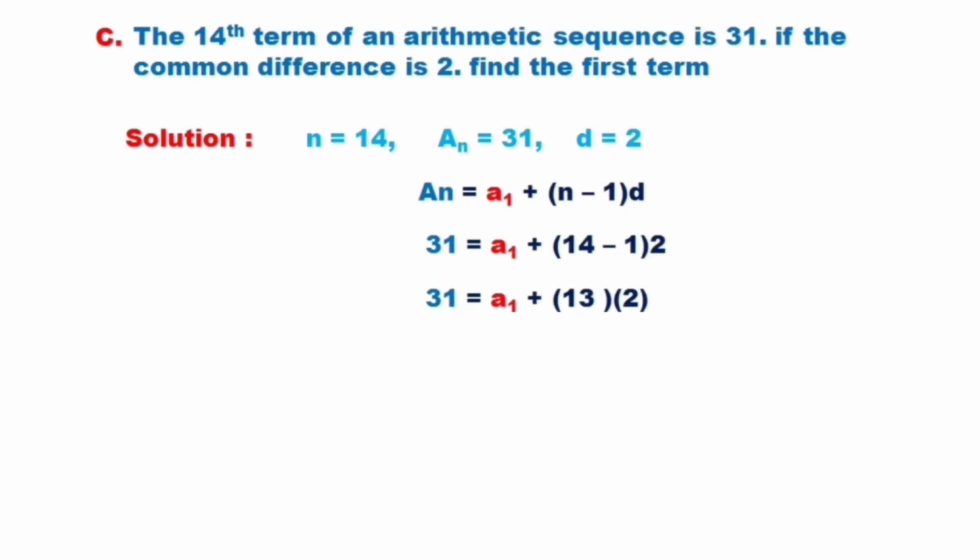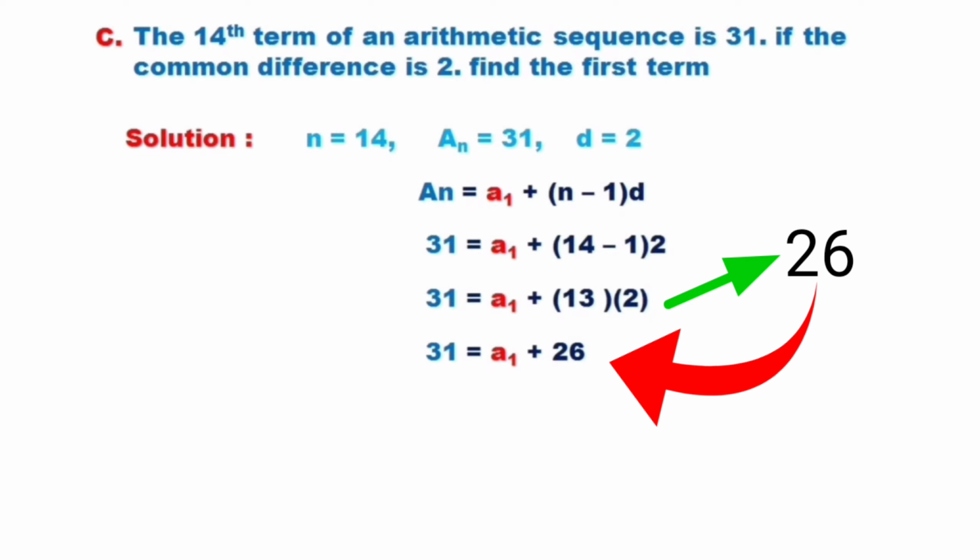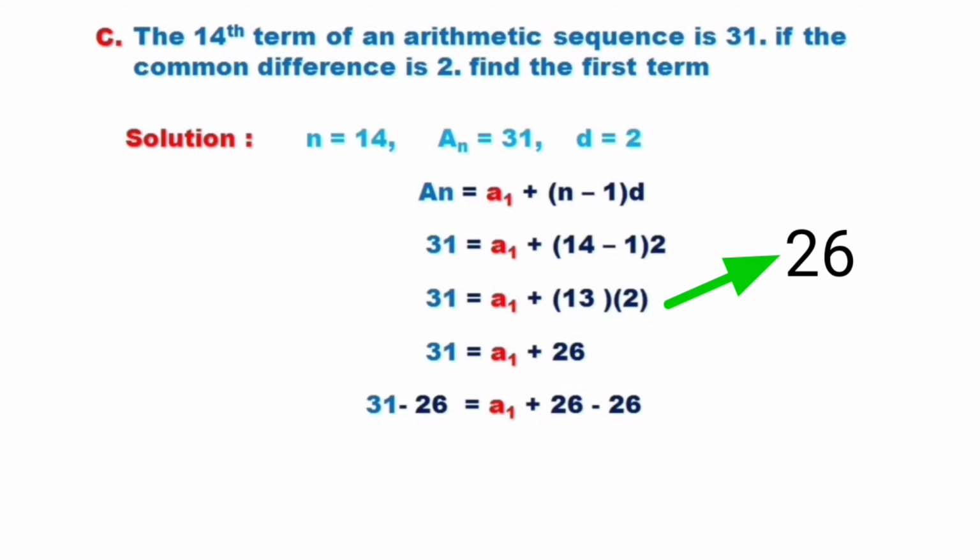Next, 31 equal a sub 1 plus the product of 13 times 2. So simplifying, we have 31 equal a sub 1 plus 26. Subtract both sides by 26 to have the value of a sub 1. So, we have 31 minus 26 equal a sub 1 plus 26 minus 26.